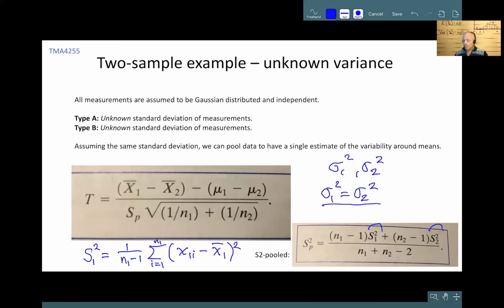And then we do the same for sample 2. And then you might see that, okay, this n1 minus 1 cancels here, and it cancels here, n2, and then we're left with a lot of square differences, n1 plus n2, and we subtract 2 here to get the right degrees of freedom.